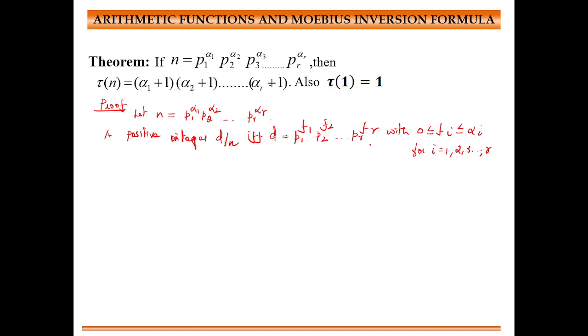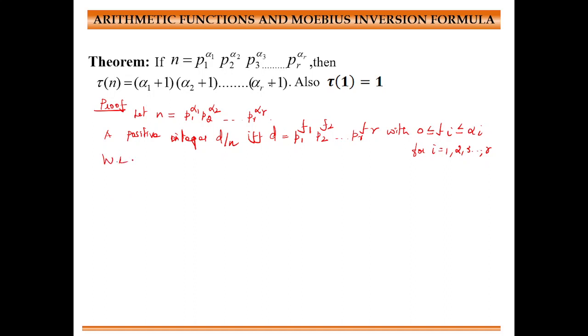Here p1, p2, etc., pr are primes, while alpha 1, alpha 2 up to alpha r are positive integers.